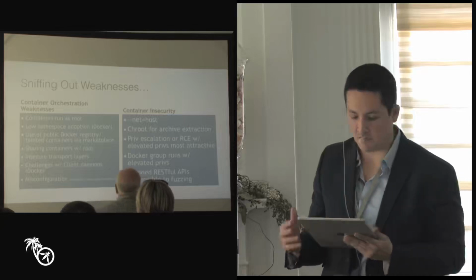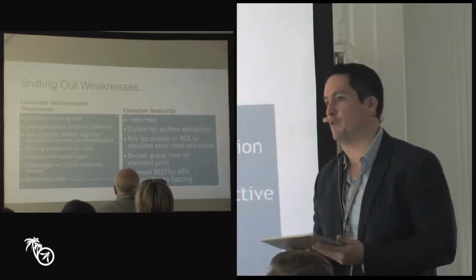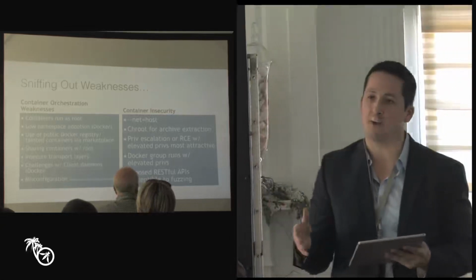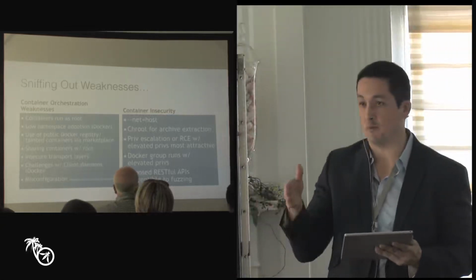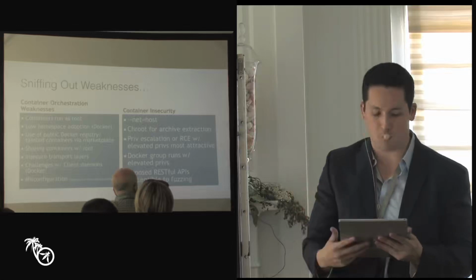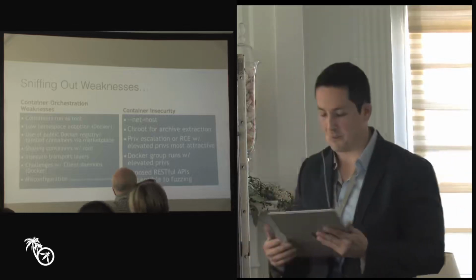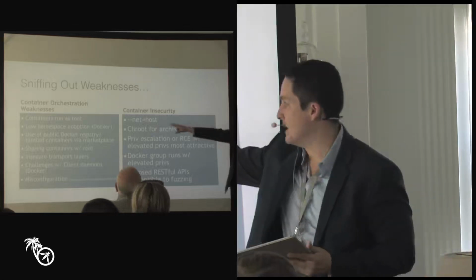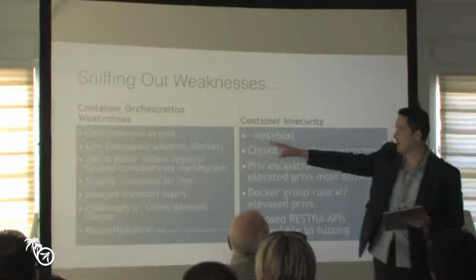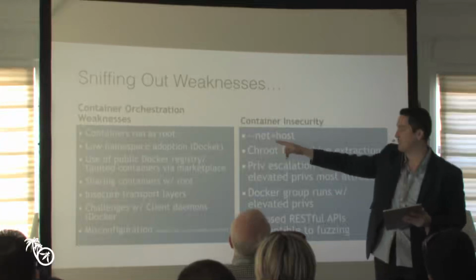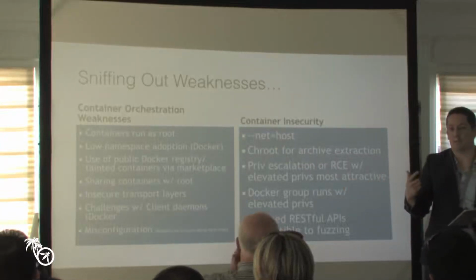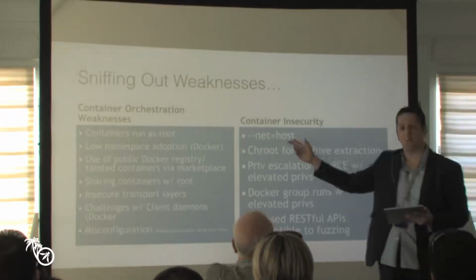Challenges with client daemons and Docker are that there are actually exploits against the client itself that could provide an attack vector for an attacker to attack the client, so the DevOps person, and misconfiguration. Now, on container insecurity, you can actually uncontainerize your container by having your Docker file have a configuration where you temporarily set the container itself to be that of the host.